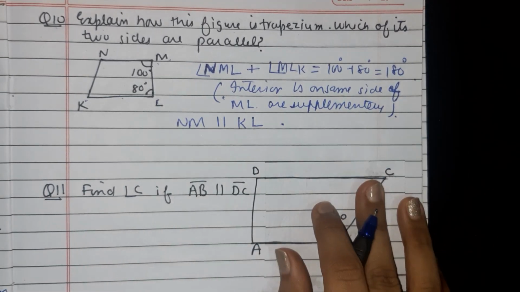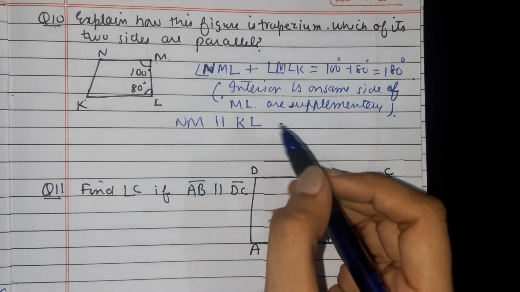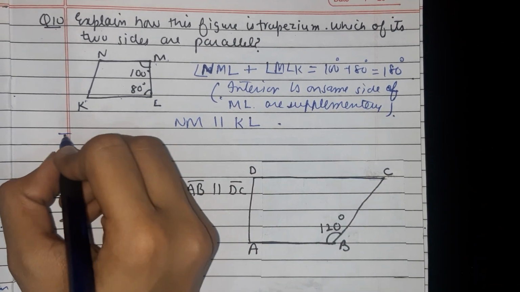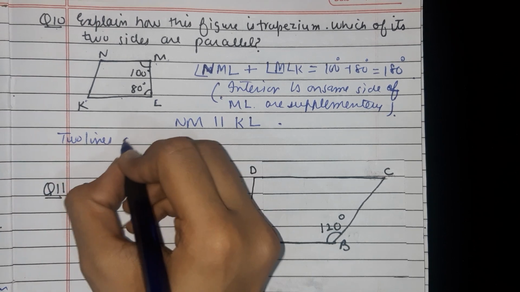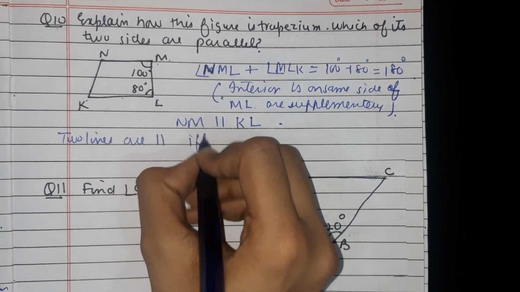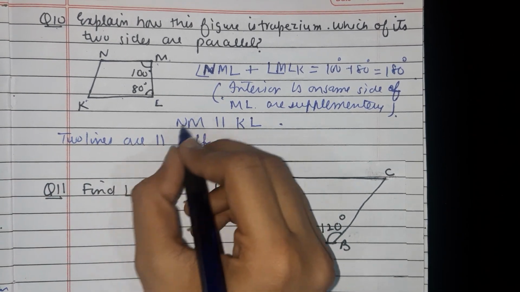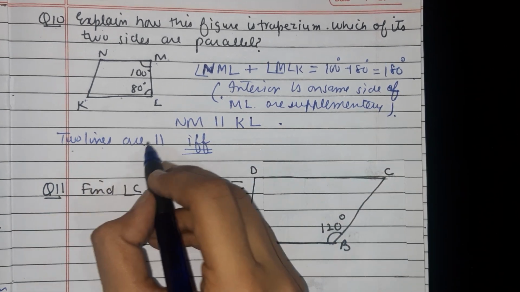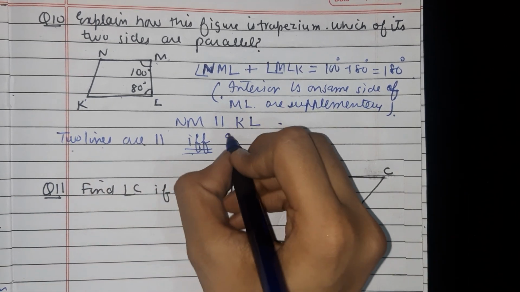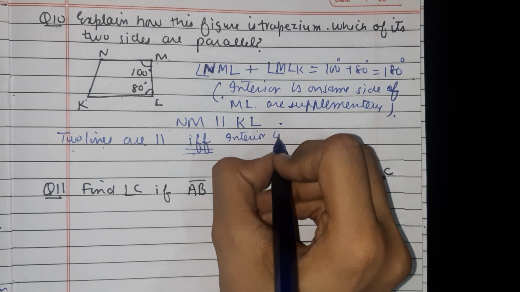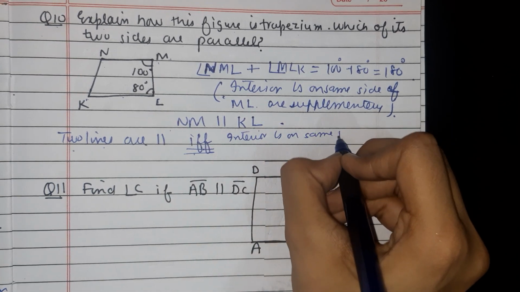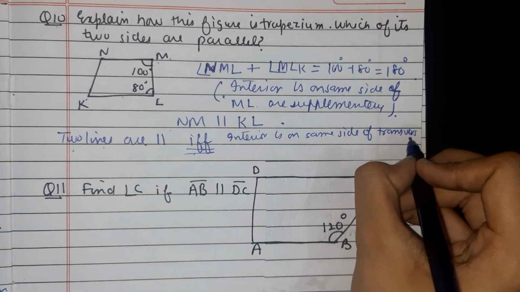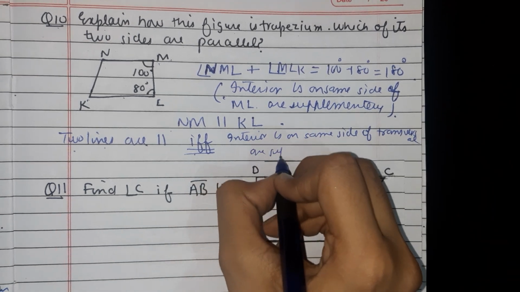In previous classes you must have studied the property that two lines are parallel if the interior angles on the same side of the transversal are supplementary. This property is true both ways.